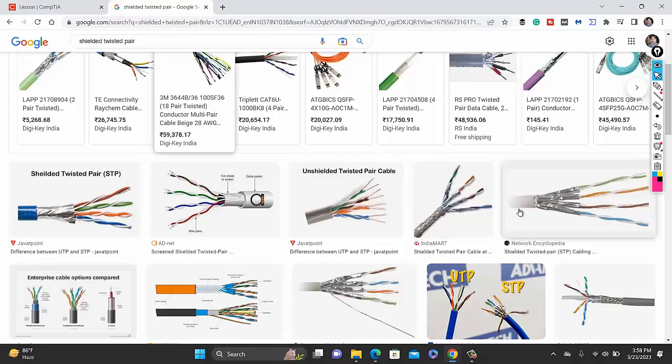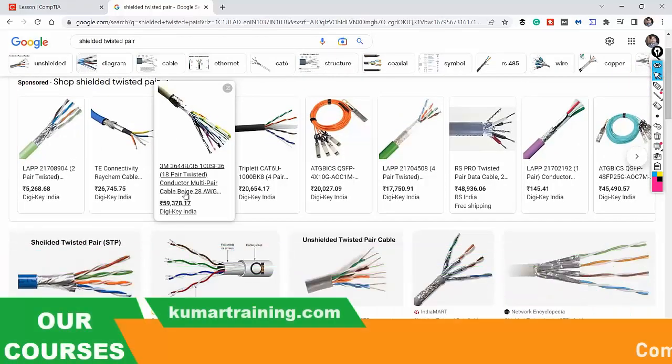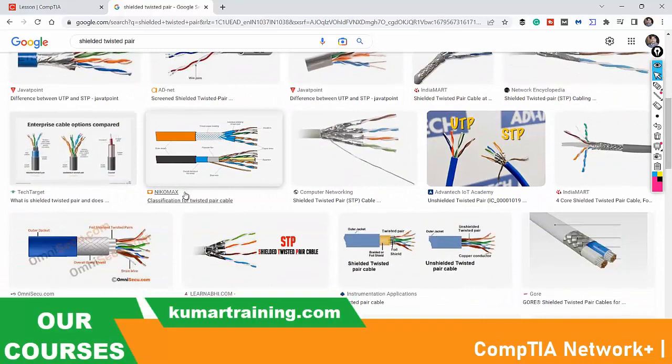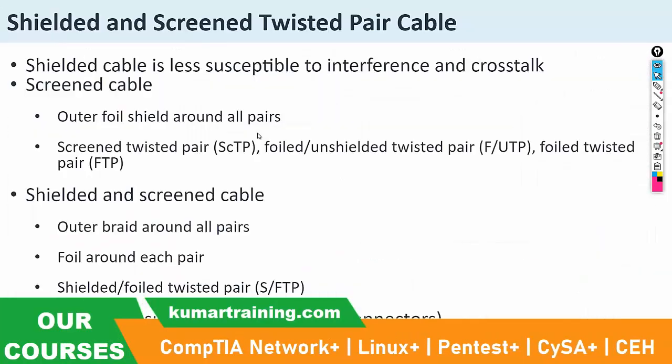Double shielded means one shield on every pair and another shield around all the pairs. So this is not going to be affected by external interference or crosstalk.